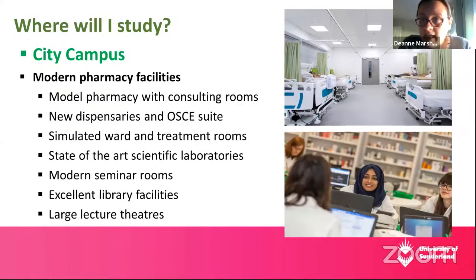We also have a really good library, which is on hand. It's just over a very small road, so you can walk there within a couple of minutes, which is very useful. And we also have some quite big lecture theatres on campus that we can use for lectures. So a couple of pictures there you can see are just one of our wards and our simulated pharmacy or dispensary.